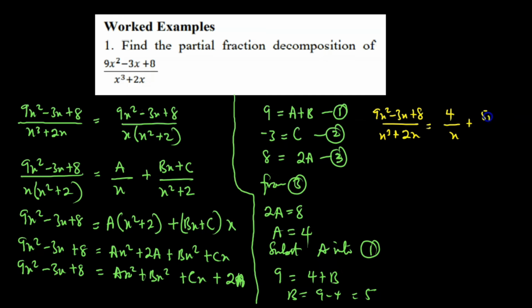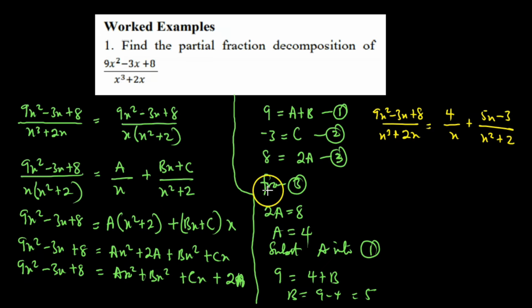So we have 5x, and then plus c, and the c value was the number negative 3. So instead of writing plus negative 3, I'll write it as minus 3 directly, all divided by x squared plus 2. So this is the partial fraction for this function altogether.